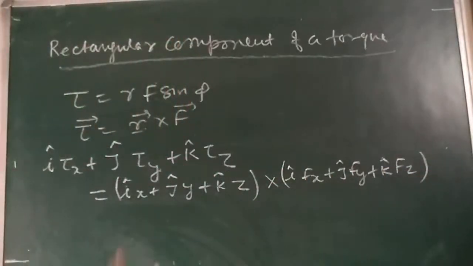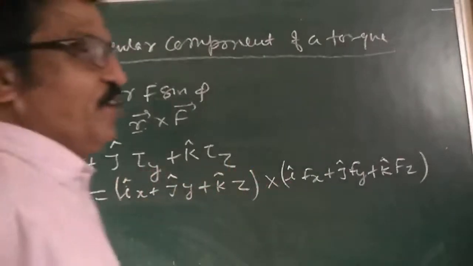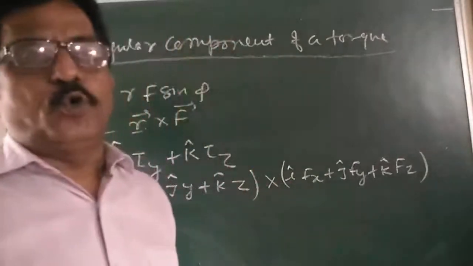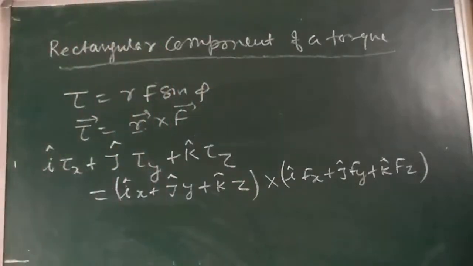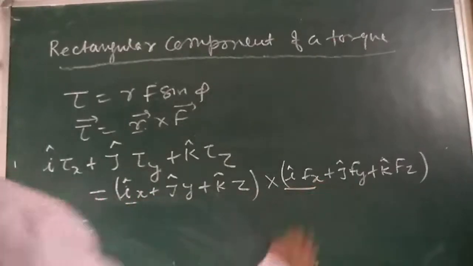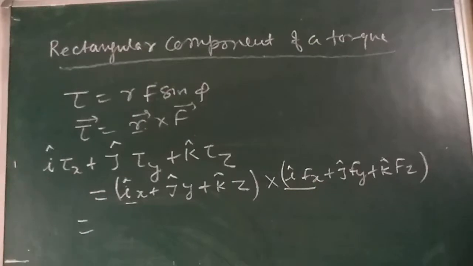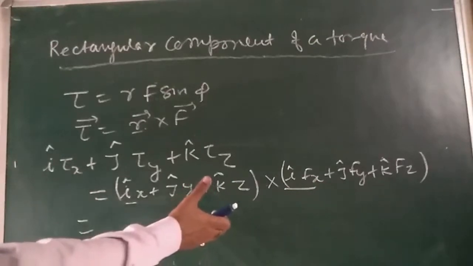Now this is the cross product, and we know very well how to multiply two vectors. Here, my dear children, you multiply this and this. With the help of the determinant technique you can find it easily.